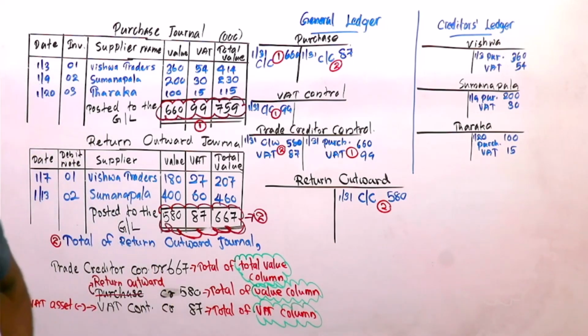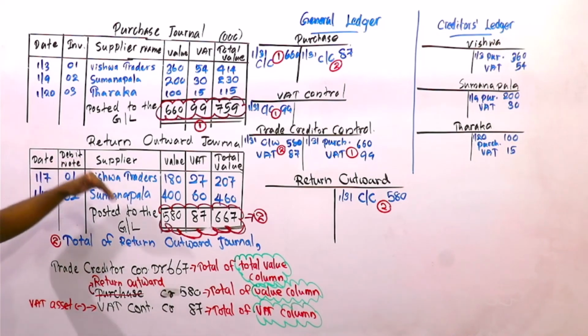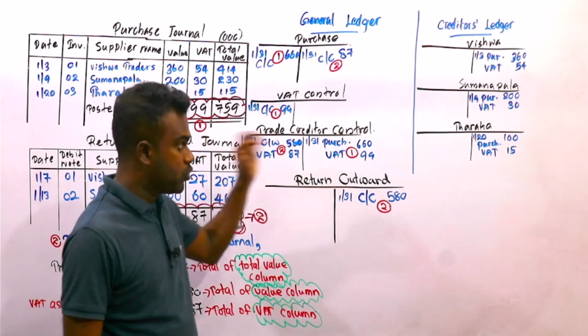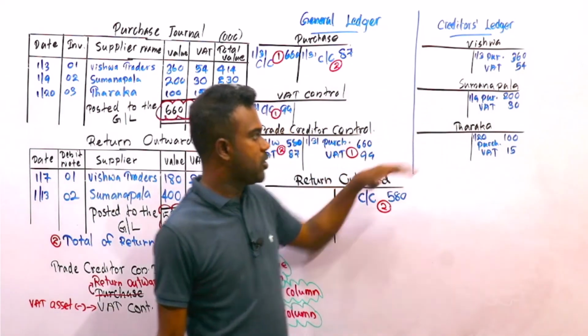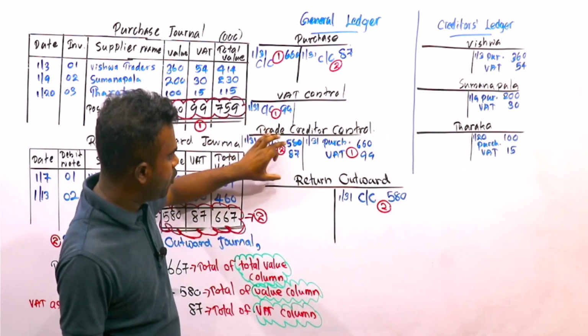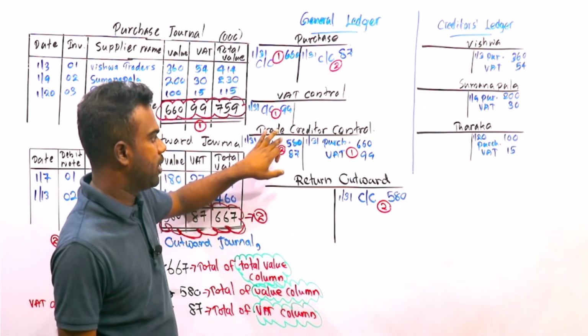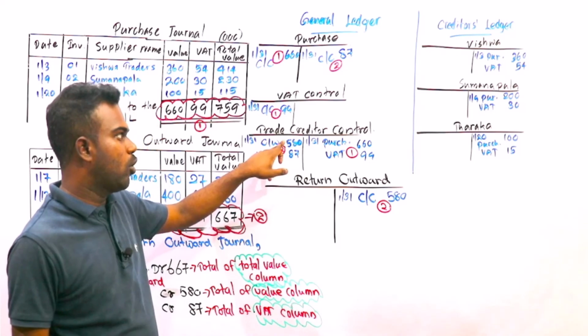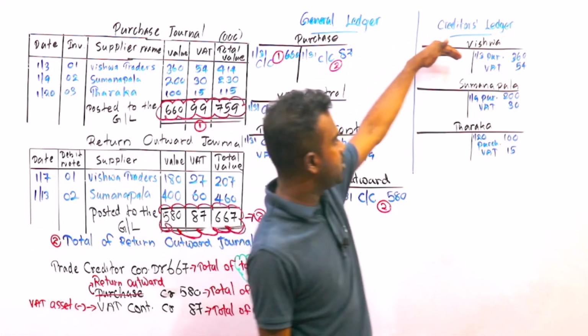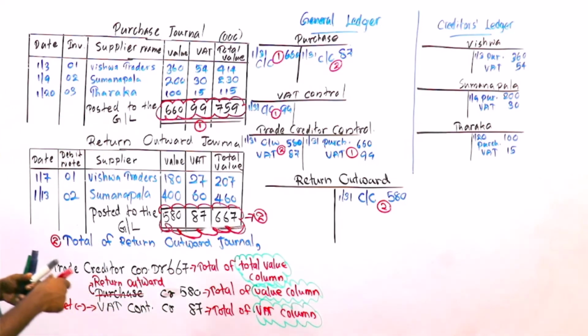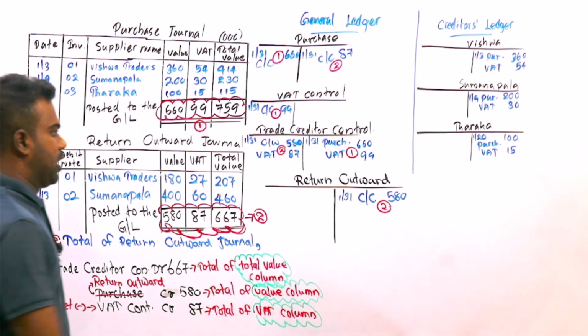Okay, now we have recorded all the totals to the general ledger. Now you should record individual wise. Look at trade return outward, what happened to the creditor control? Debit, no? Debit. And this return outward totals we have to debit individual wise in private accounts. Right, 58.